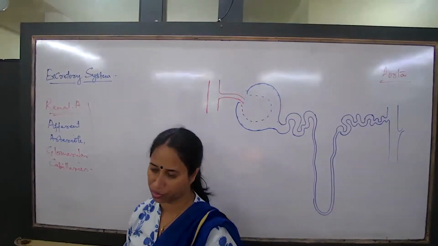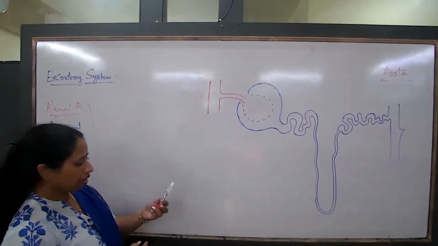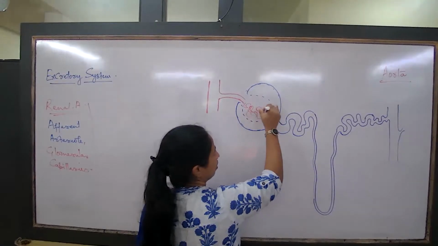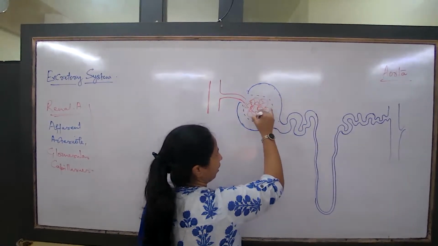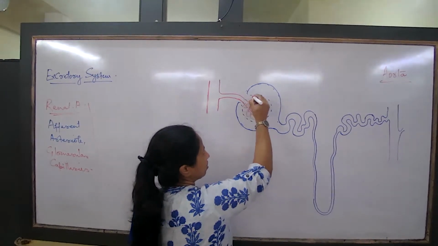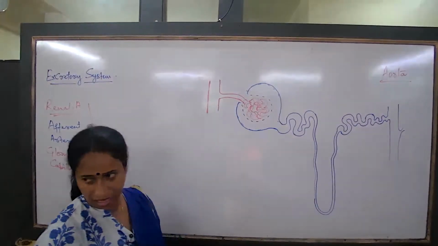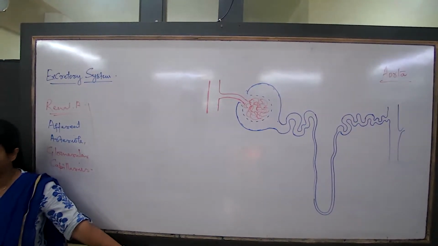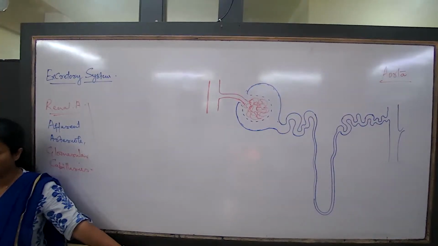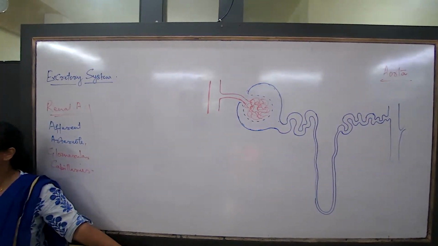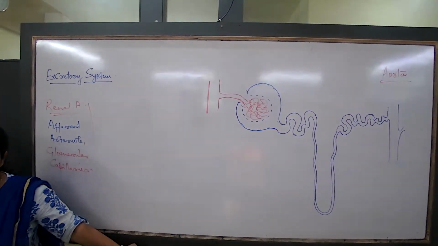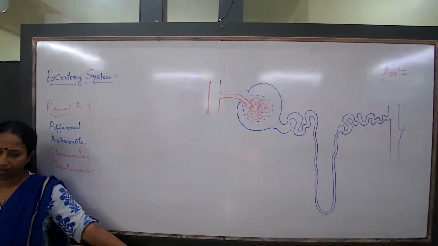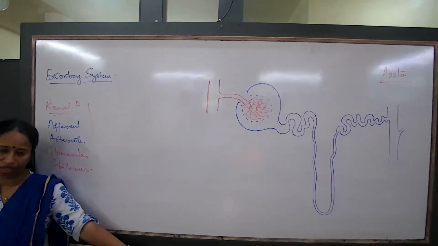Now let us try understanding all these concepts. First of all, the terms. When we are talking about the structure of the nephron, we are drawing it. What is a nephron? It is the structural and functional unit of the kidneys. This question you should know very specifically: define a nephron. What are the parts of a nephron? We are going to study now. If you have not written it, you have to write it.